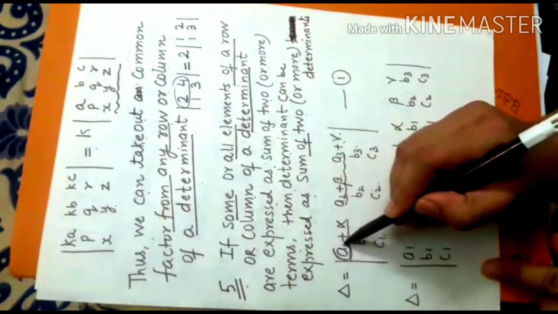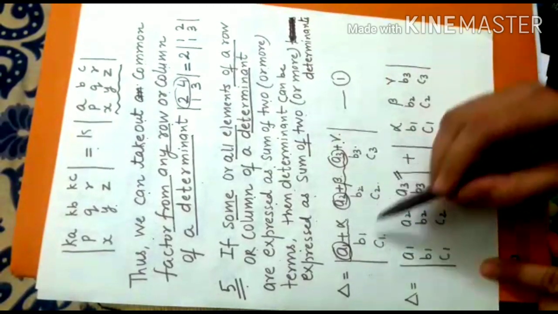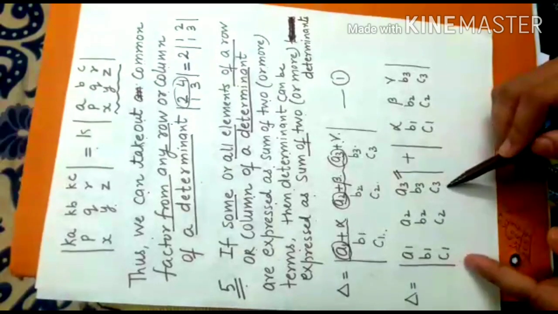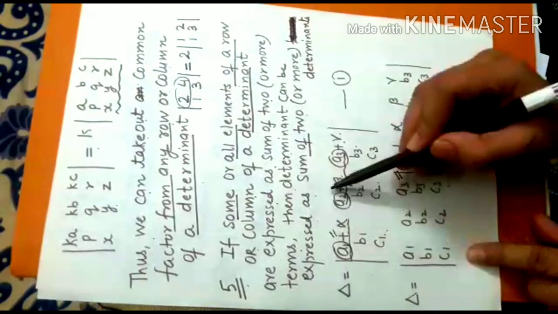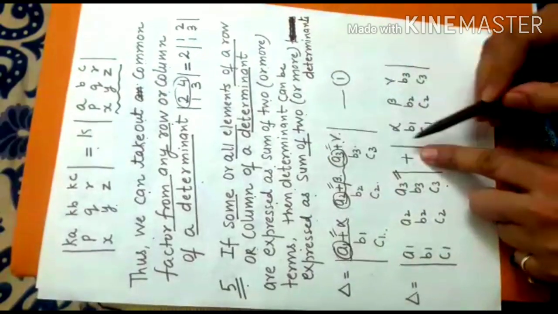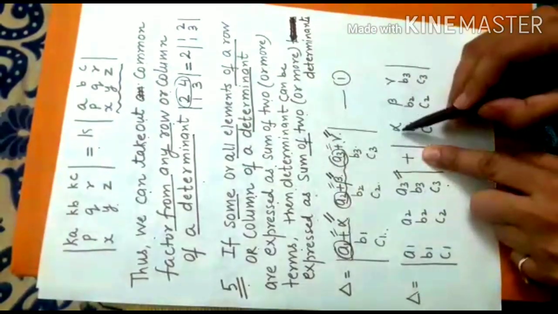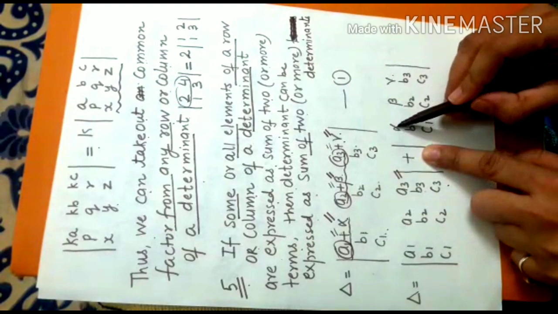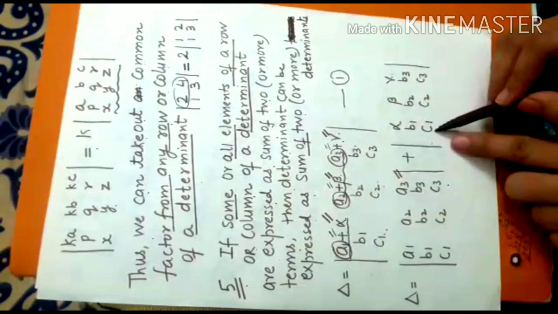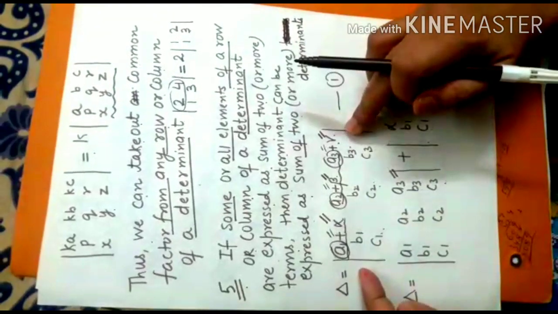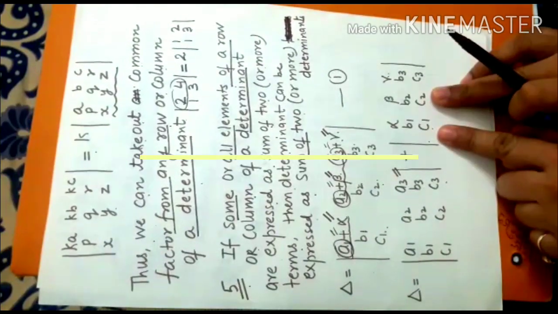So a1, a2, a3 in the first row, and the second and third rows will remain the same, plus the determinant with alpha, beta, gamma in the first row, and the second and third rows will remain the same. So this determinant can be expressed as the sum of these two determinants.